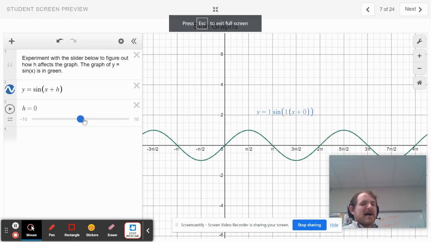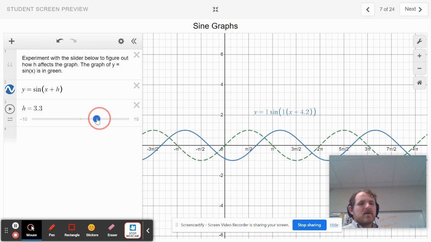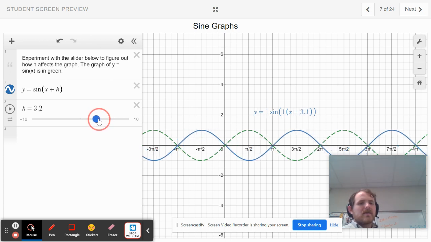So as you're playing around with the h slider, 3.1 looks like DNA. I agree. So how much was it shifted? It was shifted about a pi, about a 3.1. Great job.